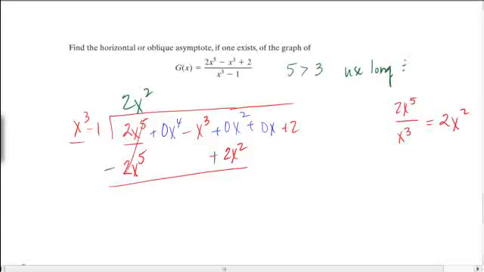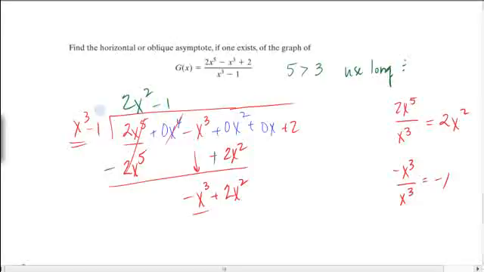First term disappears. I don't need to worry about the 0x to the 4th, but I do need to bring down my negative x cubed plus 2x squared. So we look at this first term, negative x cubed, and this first term. So I have a negative x cubed divided by x cubed, and I get negative 1, which is what we write right there.